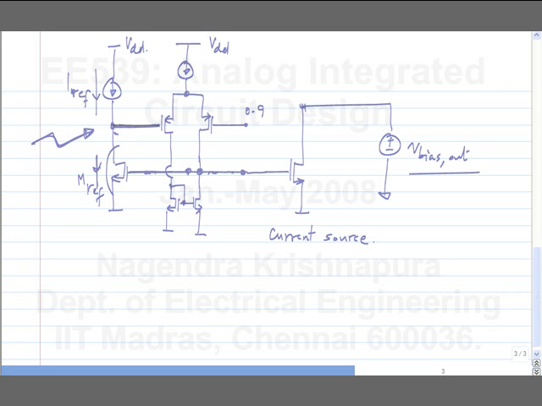So, this is the positive input, this is the negative input of this differential pair and this is the output. This is exactly the connection I had before.